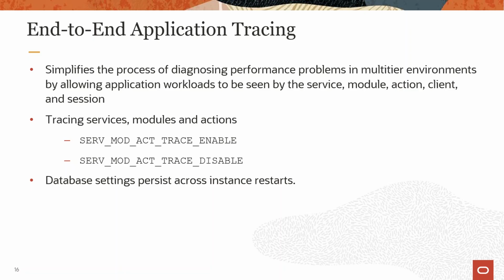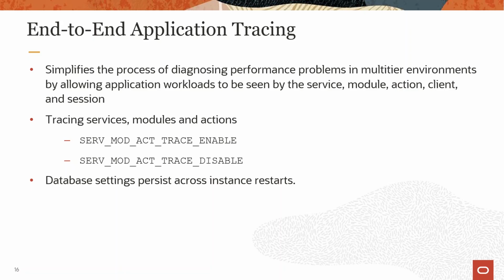In a multi-tier environment, a request from an end client is routed to different database sessions by the middle tier, making it difficult to track a specific client. Via a client identifier, you can generate a unique trace for a specific end client through all the tiers to the database server.